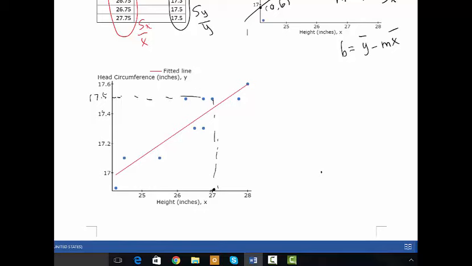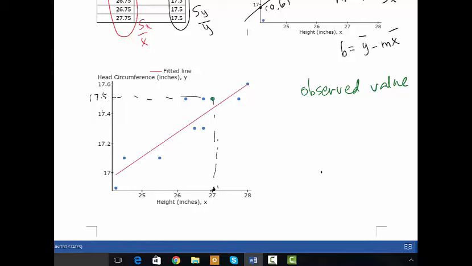You can also read that from the table: x is equal to 27, and the y value is 17.5. So this point tells you that 17.5 is called the observed value.